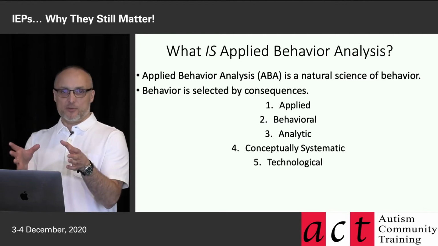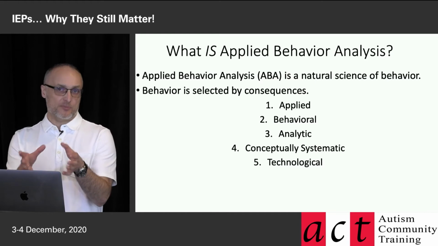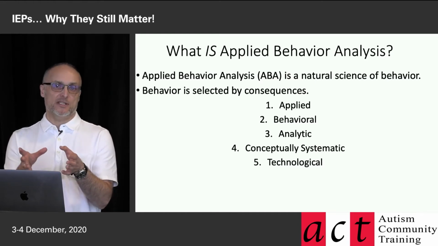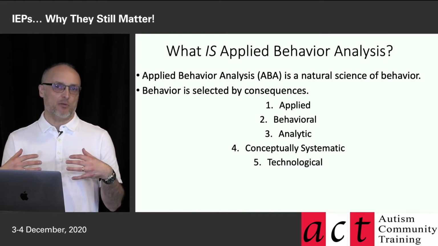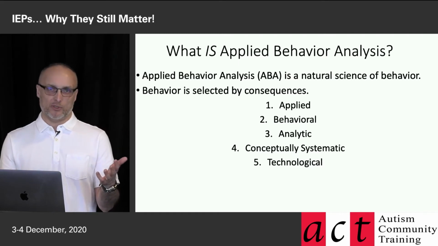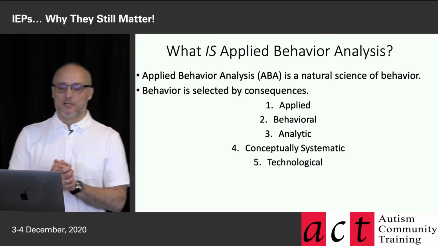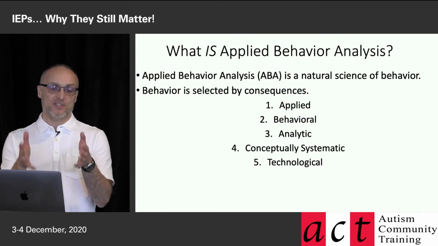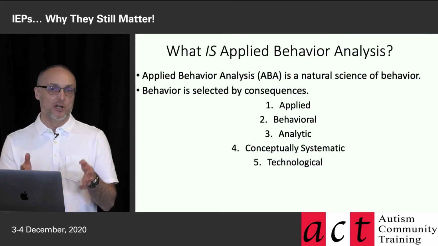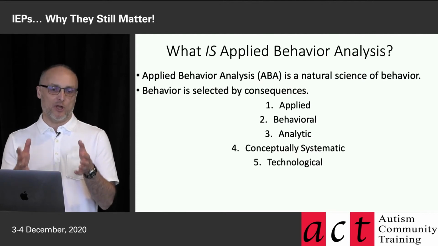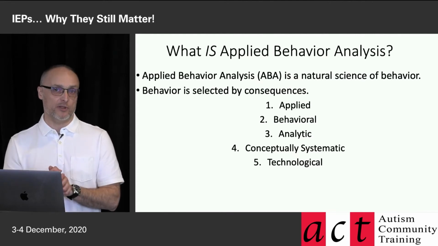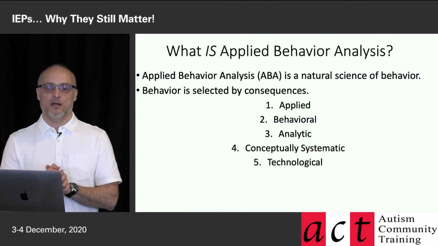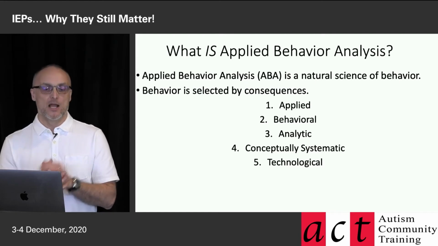And when I see the next phenomenon, I can apply more or less the similar types of basic core principles to explain it, which means it allows us to kind of simplify problems. You don't need to go back to the drawing board and come up with new philosophical ideas about how to explain everything that's going on, right? If you understand basic principles of human behavior, you can harness their power, and that will help you understand a lot of what's going on in schools and with learning and with the education of students with autism.